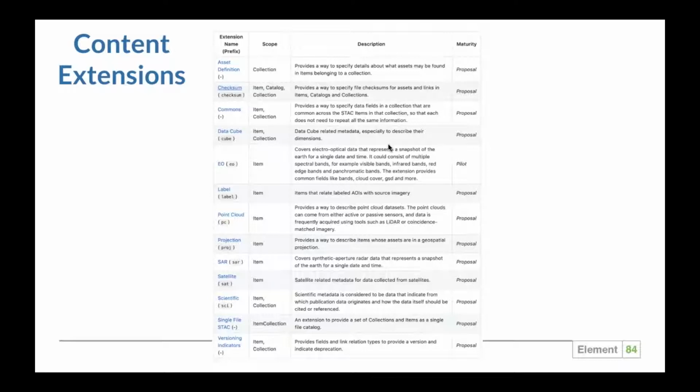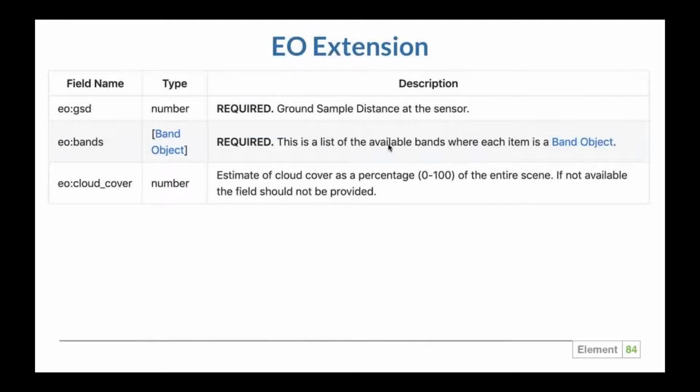The EO extension, if you're familiar with STAC and have looked at it in the past, you might notice that there's a lot of fields that are no longer here. The EO extension used to have like a dozen fields. Now there's just 3. And the reason why is because the platform and the instrument and those other fields were also common to the SAR data model and other types of data.